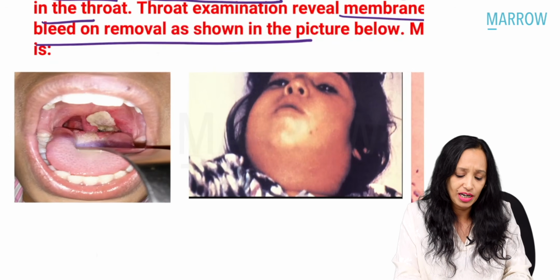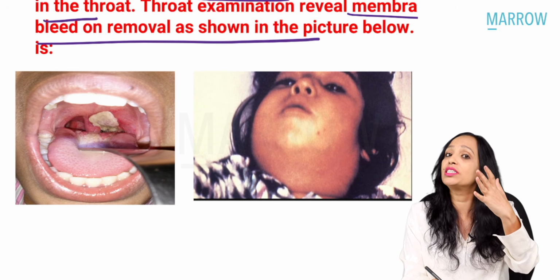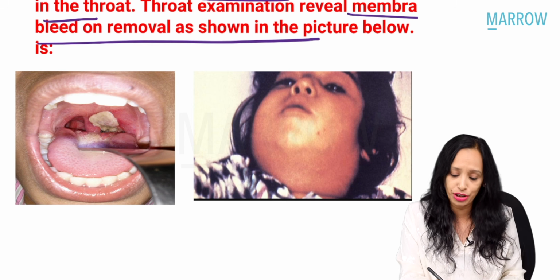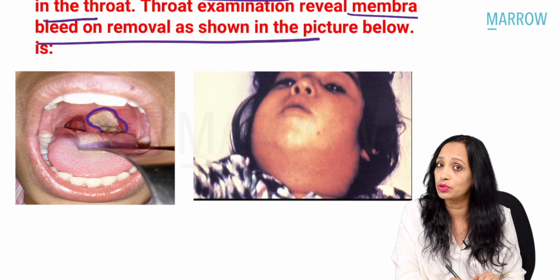So, what is the typical appearance of diphtheritic membrane? Yes, it bleeds on removal. Why? Because it is tightly adherent to the underlying tissues, and also as you can see here, it will extend beyond the tonsillar fossa.